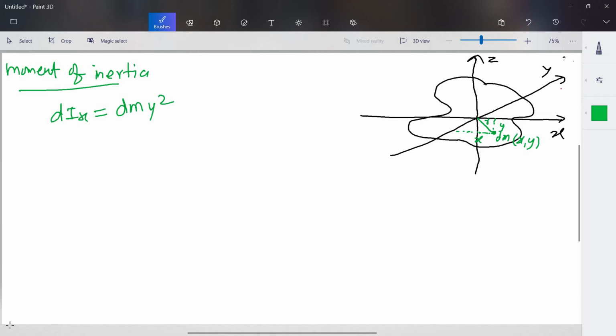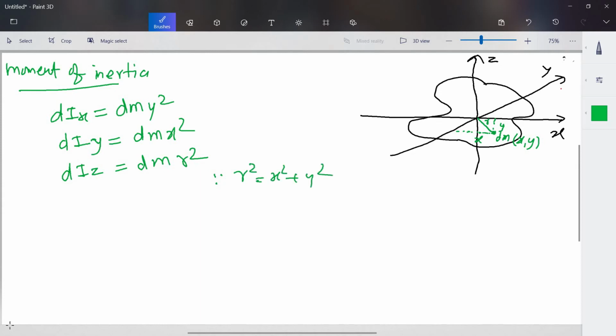Similarly, the moment of inertia about the y-axis is dm x squared. Similarly, the moment of inertia with respect to the z-axis is dm r squared. We know that r squared equals x squared plus y squared.